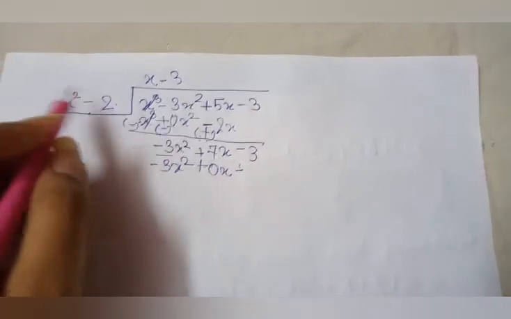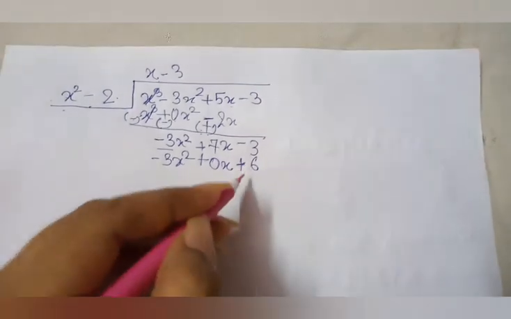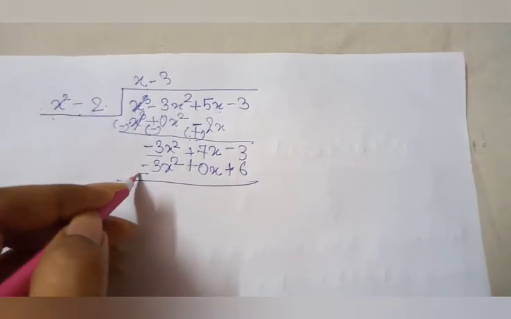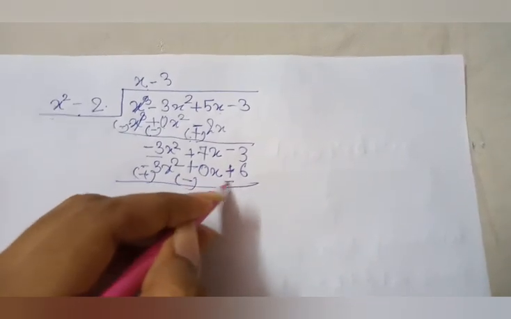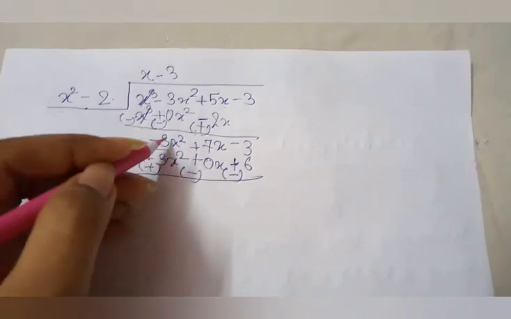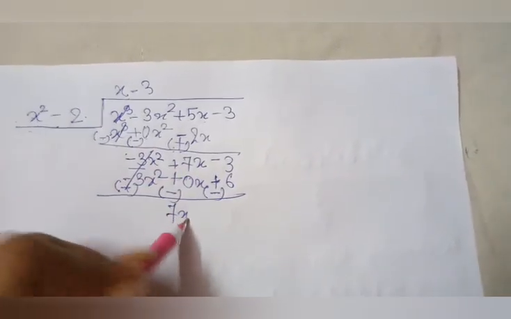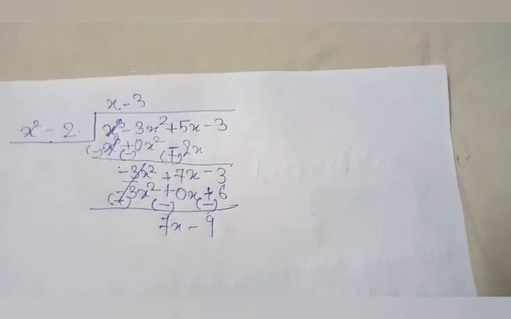And minus 2 into minus 3 is plus 6. We'll write it here. Now the next step is to change the sign. Minus will become plus, plus will become minus and plus will become minus. So we can easily cancel this minus plus. Now plus 7x and minus 3 minus 6 is minus 9.